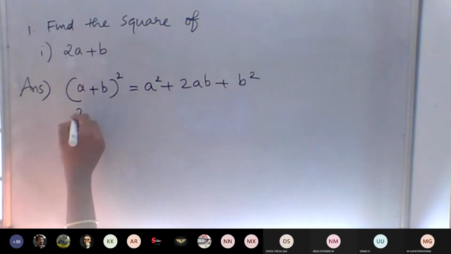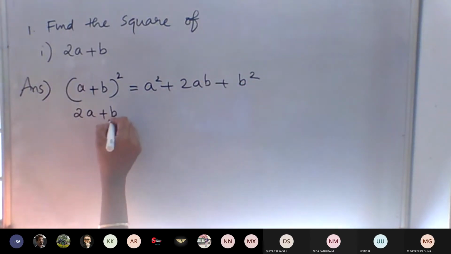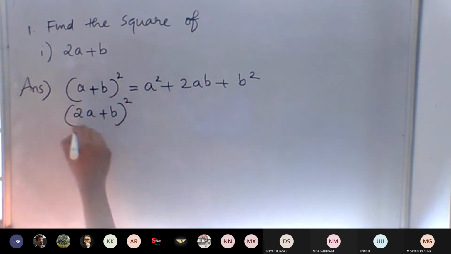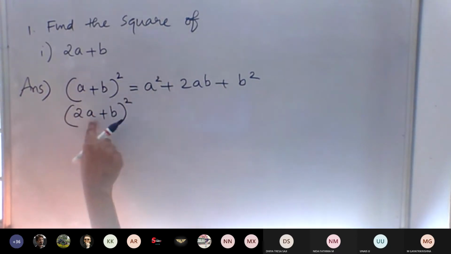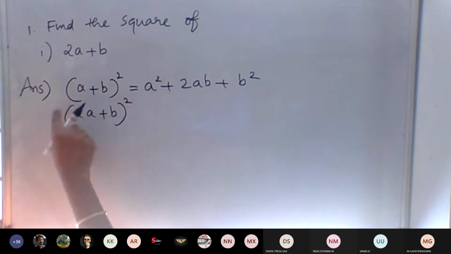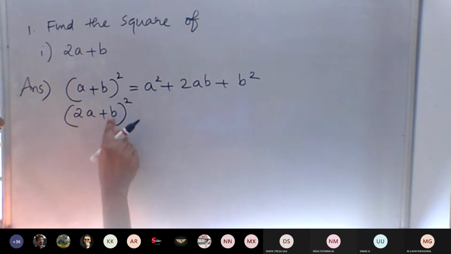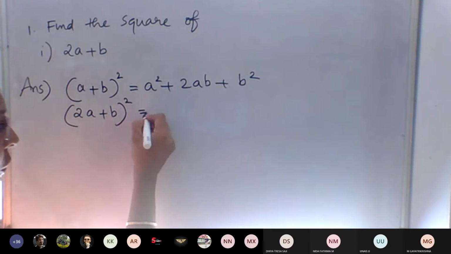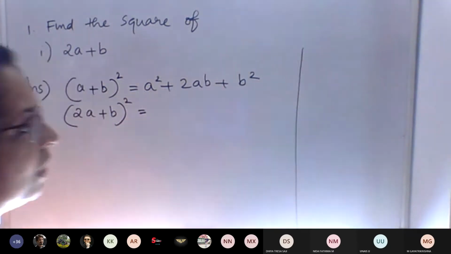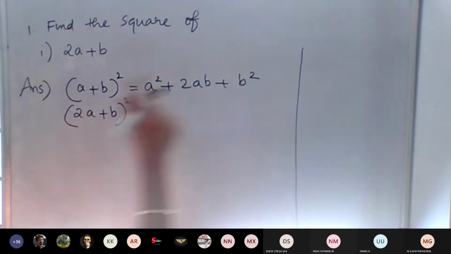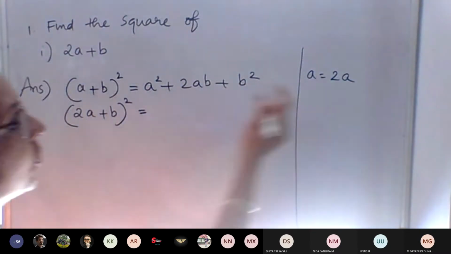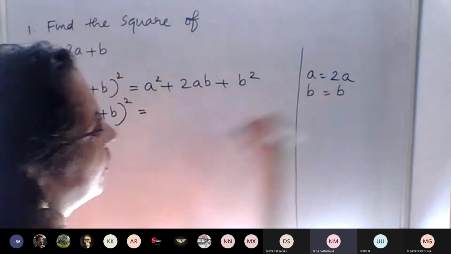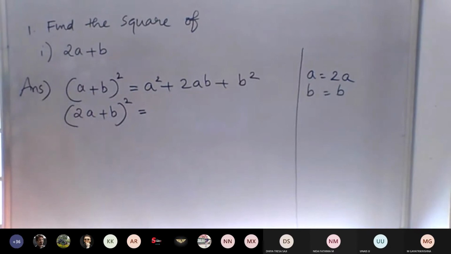Then write the question, 2a plus b, the whole square we have to find out. Symbolically we represent it this way: 2a plus b, the whole square is equal to. If you have any confusion, do it in the working column. Here a stands for 2a and b stands for b itself. Up to this right now.